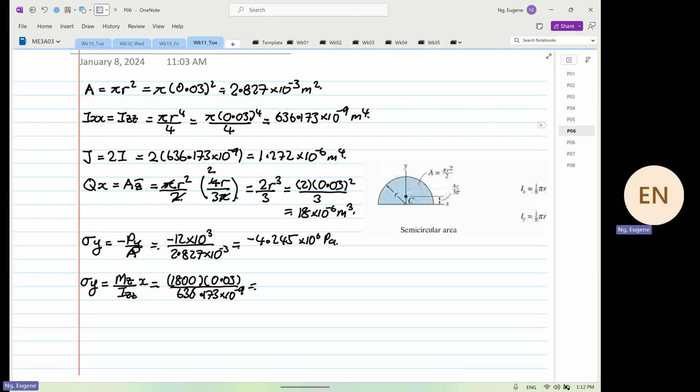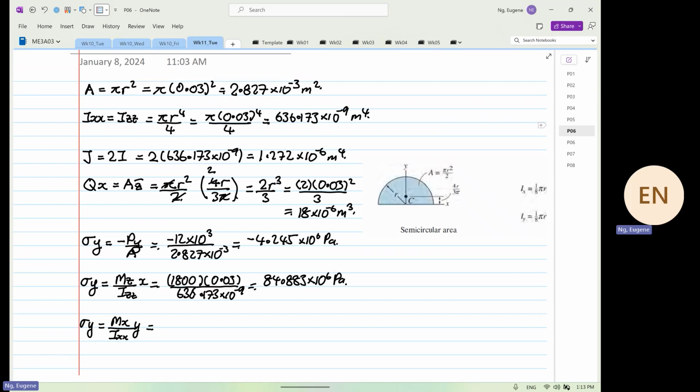So 1800 times 0.03 divided by 636.173 times 10 to the power minus 9 is equal to 84.883 times 10 to the power 6 Pascal, and then stress Y due to MX over IXX multiplied by Y.